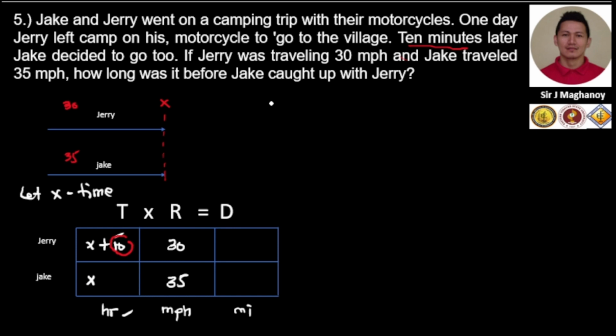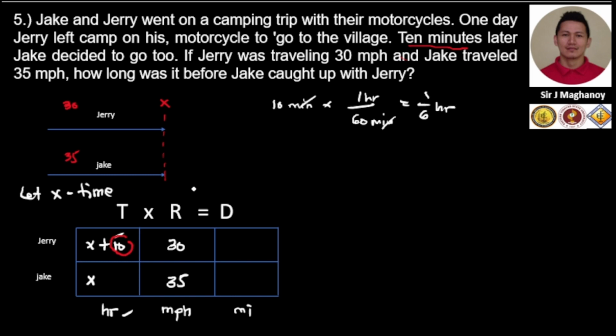If we have 10 minutes, convert it into hours, and every 60 minutes we have 1 hour. So we cancel out minutes, and our unit will become 1/6 hour.